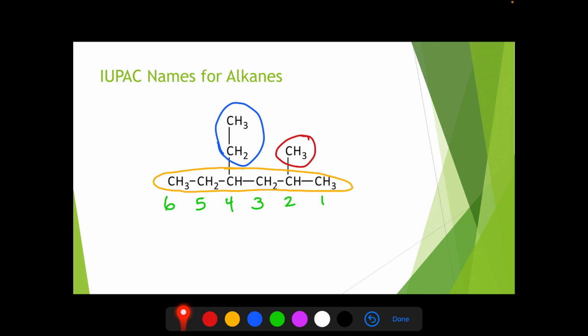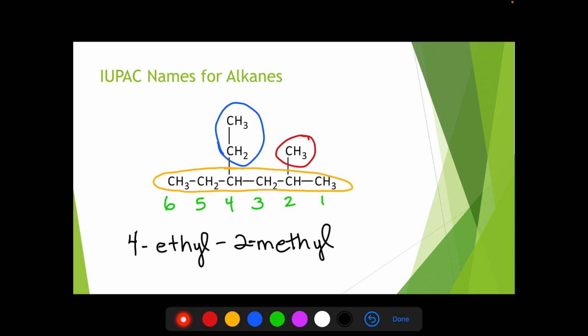So I can go ahead and give this a name. This has an ethyl, which begins with E, and a methyl, which begins with M. So as I write the name, I write 4-ethyl dash 2. I almost forgot my dash there.